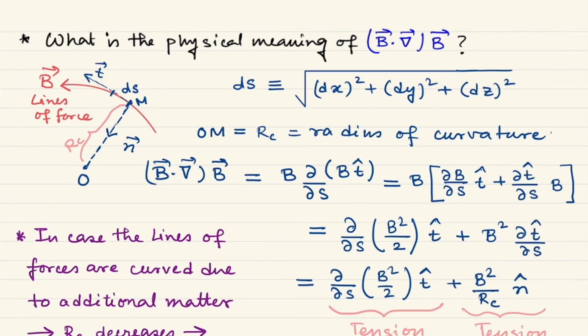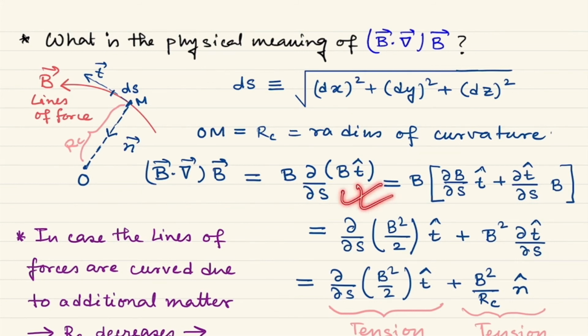So ds is simply the segment along this line of force. So B times del S will now be acting on B, and what is that B for this ds? This is the magnitude B times T, the unit vector. So the magnetic field at every point of a magnetic line of force is just tangentially directed. That's the definition.